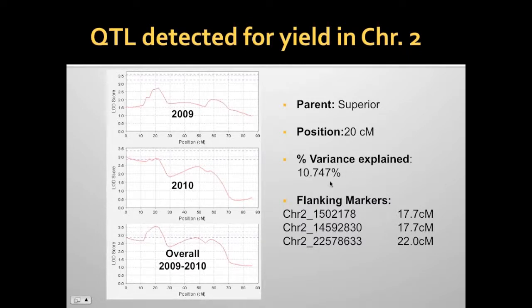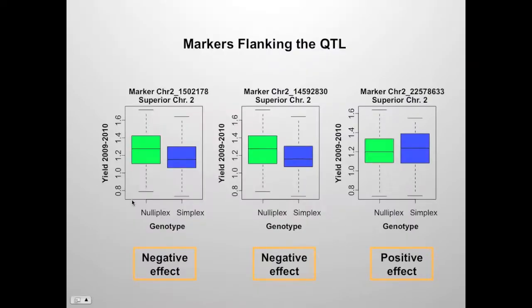And this one explained 10.7% of the variance. And I also identified the flanking markers for it. Two of them had a negative effect, so when they were present, the mean yield went down. But there was another one that when it was present, the mean went up. So it was a positive effect.